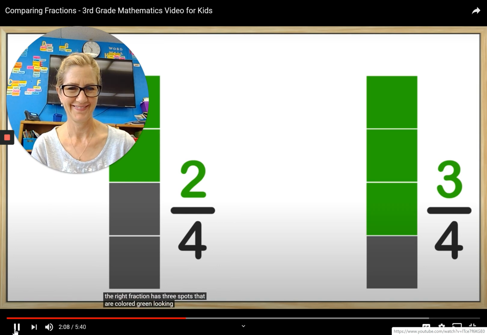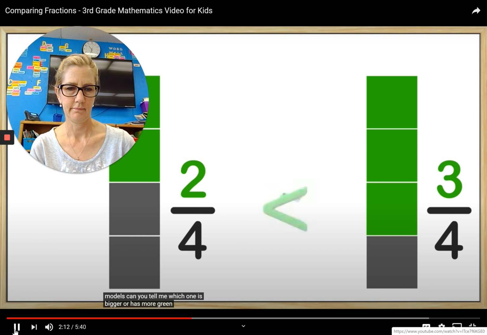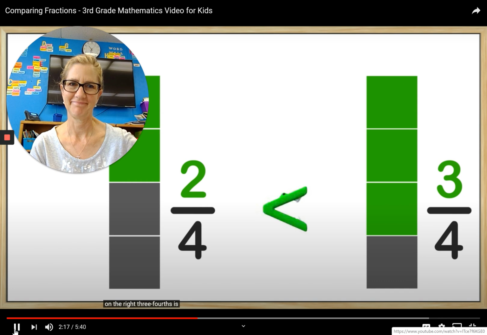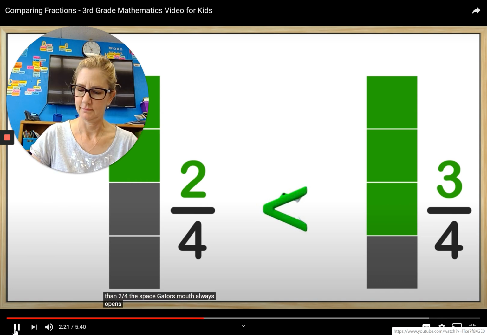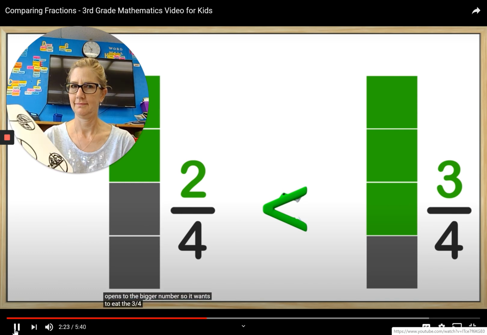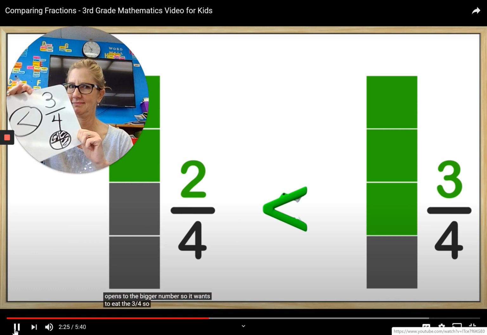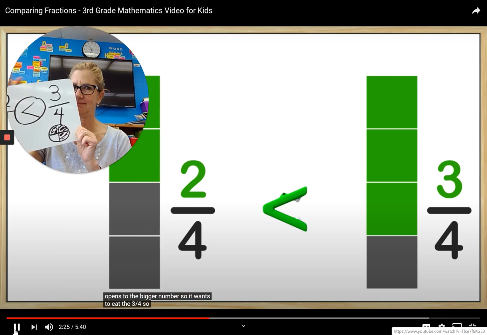Looking at the two models, can you tell me which one is bigger or has more green? The fraction on the right, 3/4, is bigger than 2/4. The space gator's mouth always opens to the bigger number, so it wants to eat the 3/4. So we can say that 2/4 is less than 3/4. Great job!